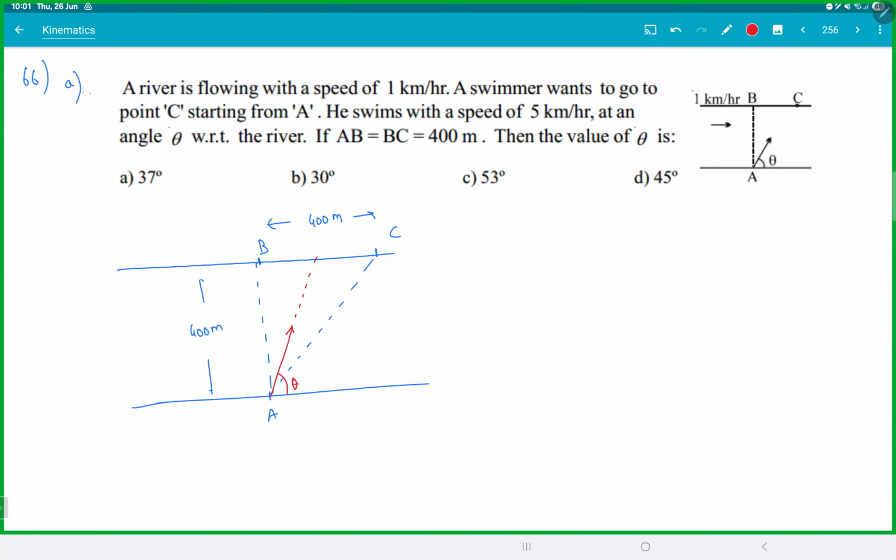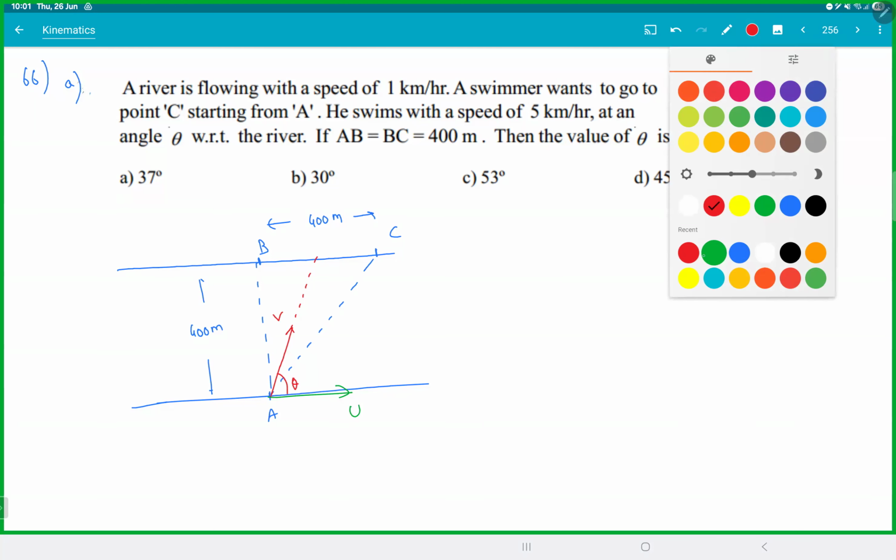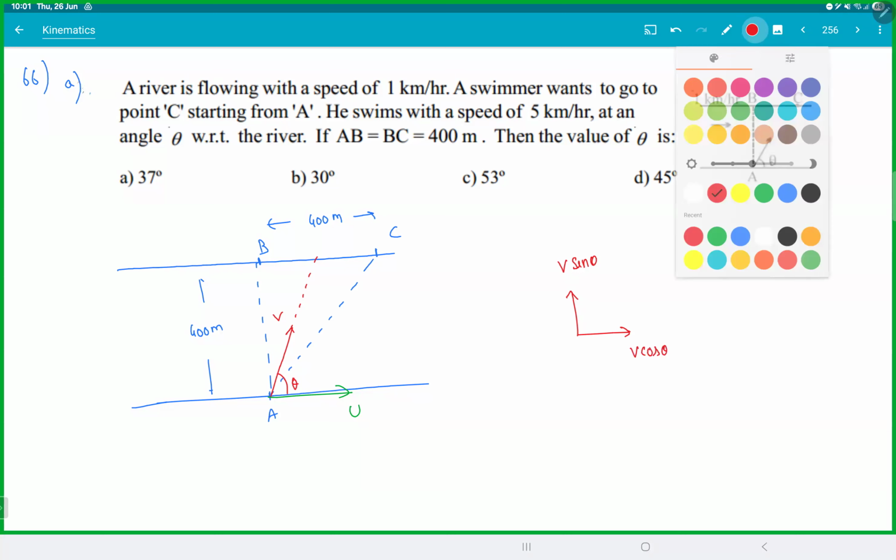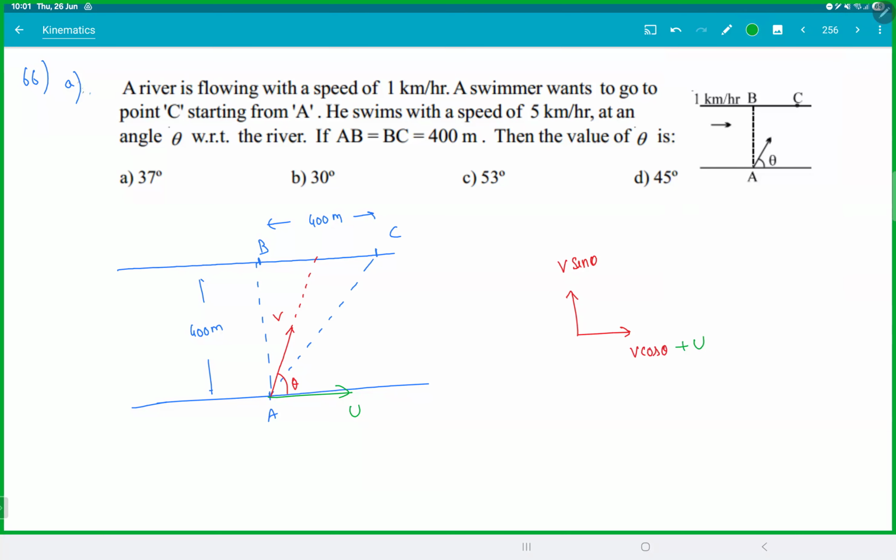This angle is theta. The river is trying to push you this way. To resolve the components of the man, the vertical component is V sine theta. The horizontal component is V cos theta. And the river is also pushing you, plus u. So this resultant must be along A to C. This is 45 degrees. This is the resultant.